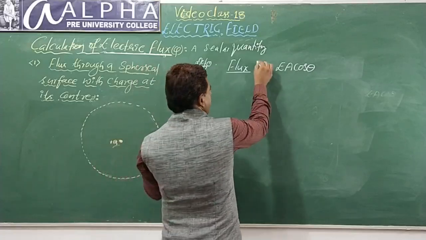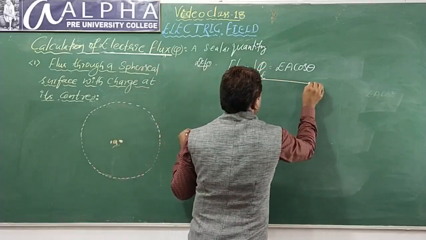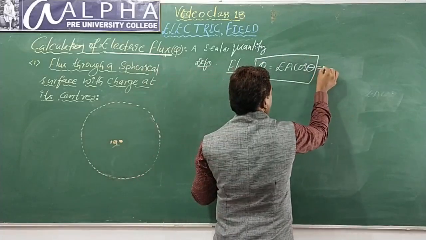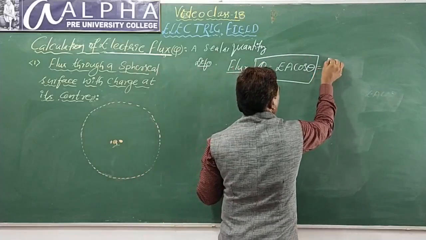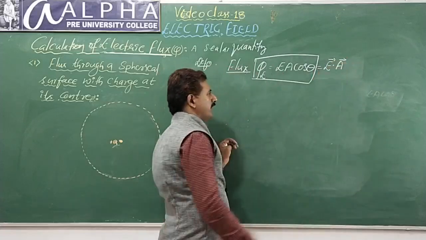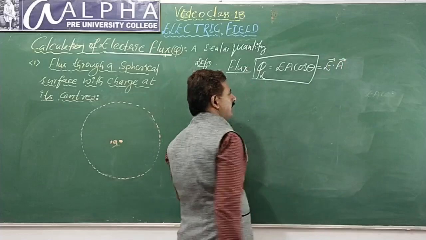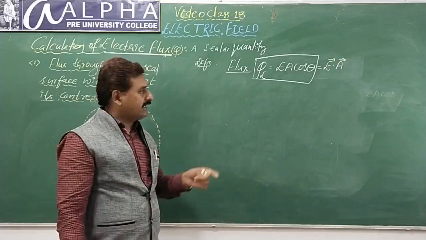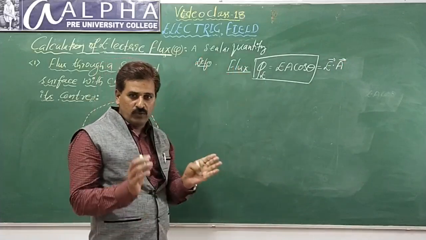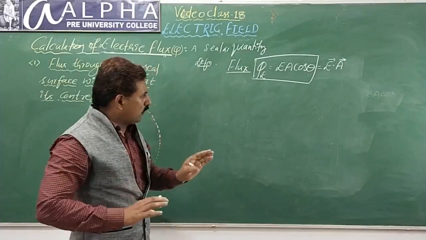Let me start my discussion with this expression, E into A into cos theta, which is also written as E dot A. This is the dot product of two vector quantities, namely electric field and area. As it is a dot product, students, it is a scalar quantity, has only magnitude but no direction.